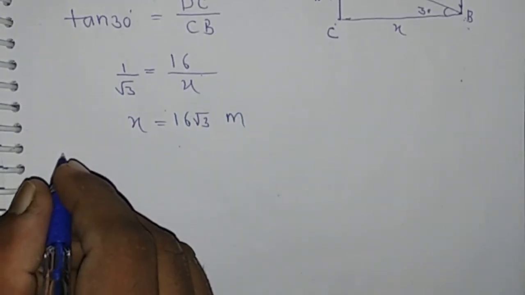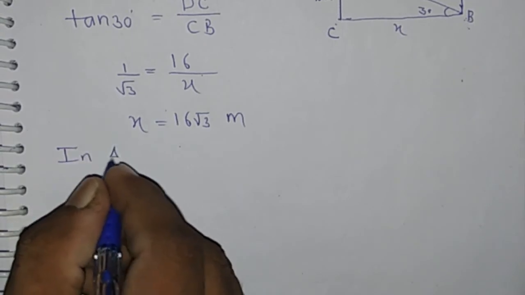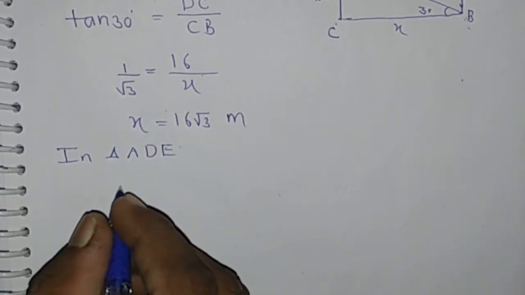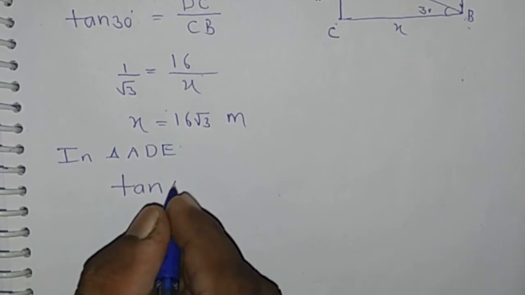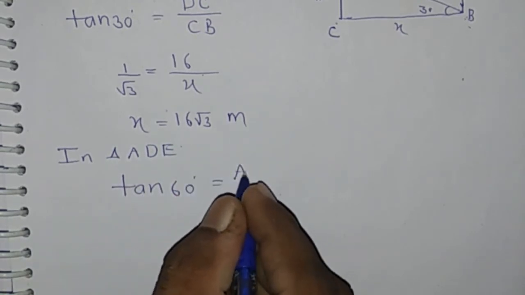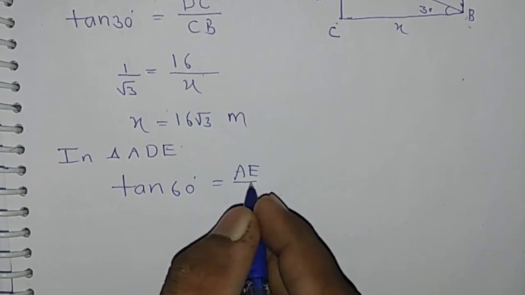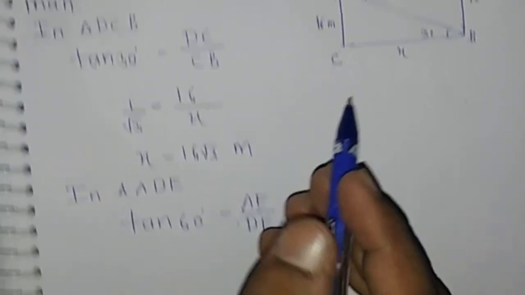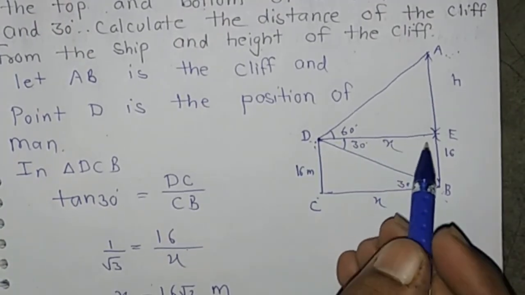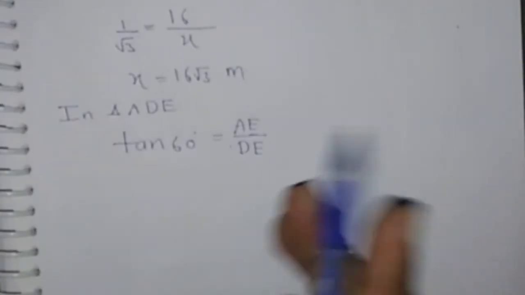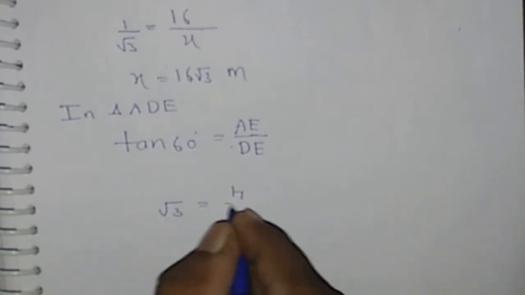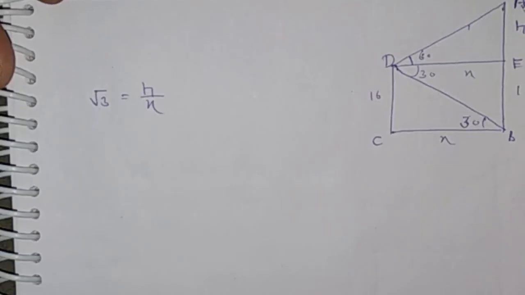Now in triangle ADE we apply tan 60. Tan 60 equal perpendicular, which is AE, and base, which is DE. Since DE is equal to x, then tan 60 root 3, AE is h and DE is x.